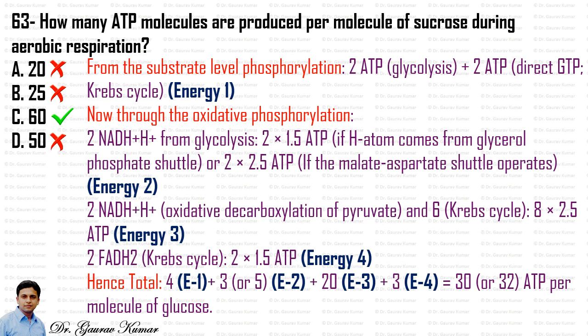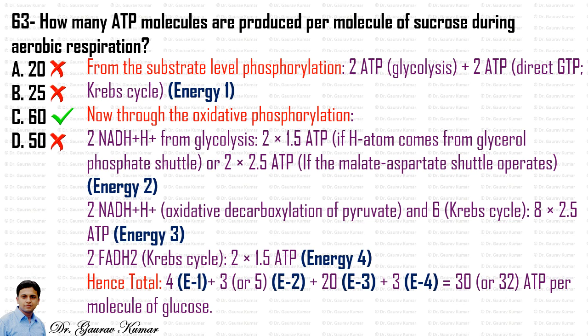This we consider as energy 1. Now through oxidative phosphorylation, 2 NADH from glycolysis, so 2 into 1.5 ATP if the H atoms come from the glycerol phosphate shuttle. But if it is coming from the malate aspartate shuttle, then we will take 2.5 ATP per NADH molecule.